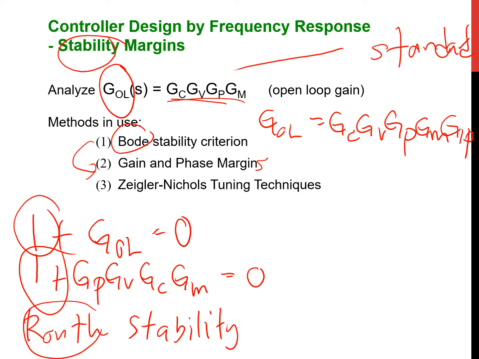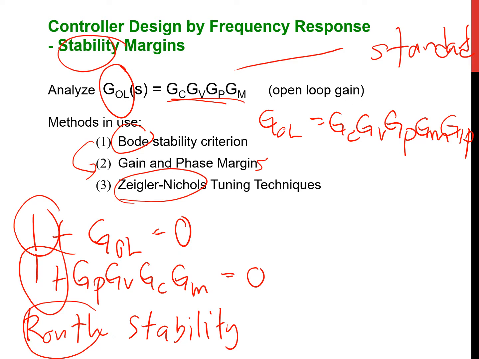Change the controller. By changing the controller, you will have a new controller parameter. In this case, we will use what we call the Ziegler-Nichols tuning techniques to find new controller parameters. By finding the new value, then we will evaluate again whether the process becomes stable or not. That's how we can improve the process. So you have the transfer function, you have the GC, GV, GP, GM, and then you develop the Bode diagram, you calculate the margin.